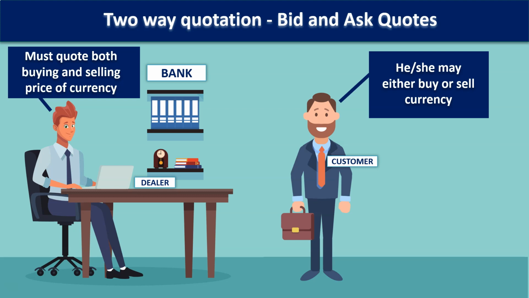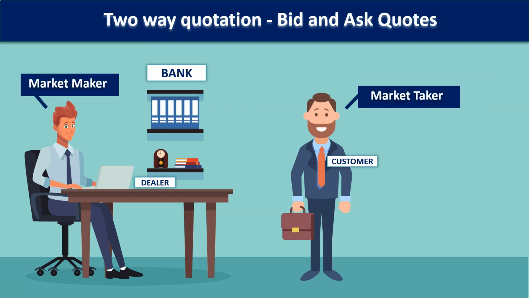In the forex market, the one who gives the quote is called the market maker or price maker, and the one who is asking for the quote is called the market taker or price taker. Can you guess, when the market maker quotes the two prices, which price will be lower?